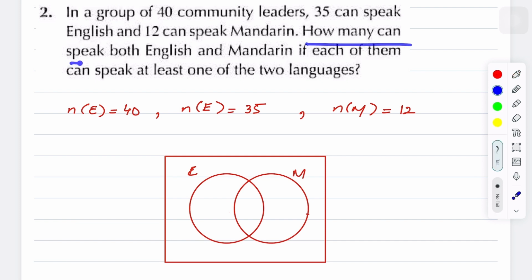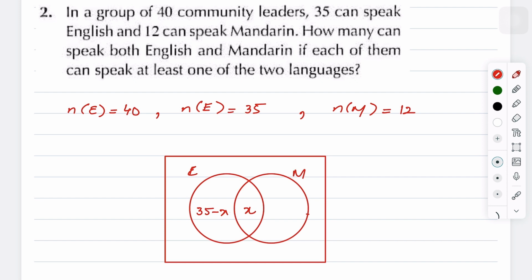Now, how many can speak both English and Mandarin if each of them can speak at least one of the two languages? So, first of all, we can let X. Now, this information is common between these two sets. So, this information will be 35 minus X. And similarly, number of people who can speak Mandarin, they are 12.